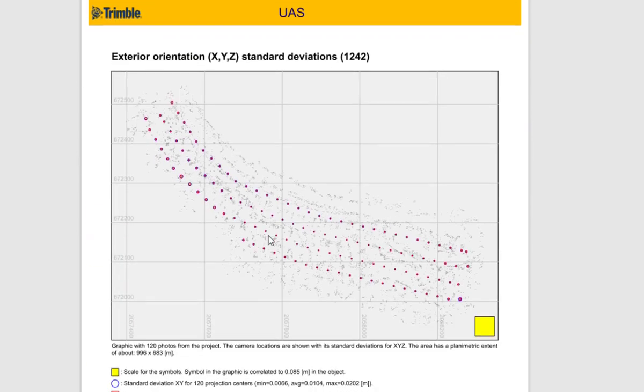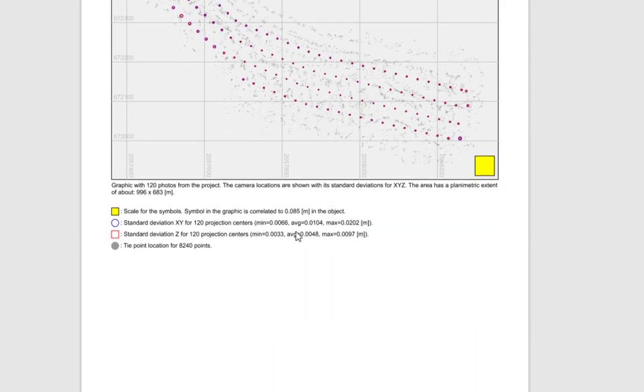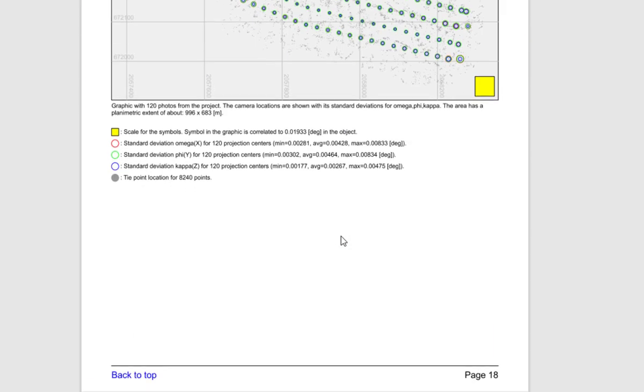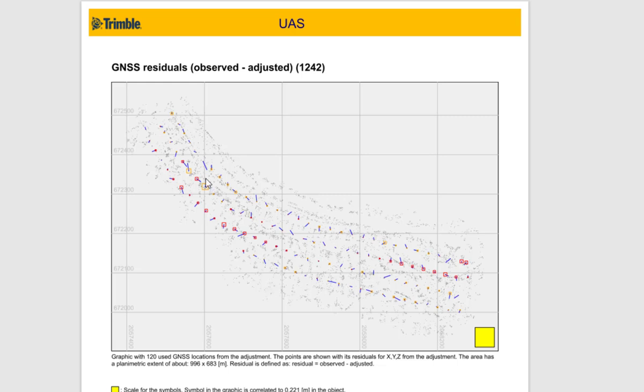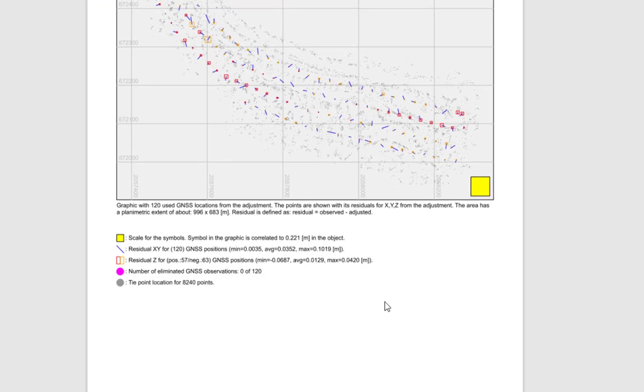It looks like all the standard deviations are similar. We have averages between 1 and 2, so this is very small. We also have not so strong systematics in our GNSS, which is a good indication. So this makes a lot of sense.